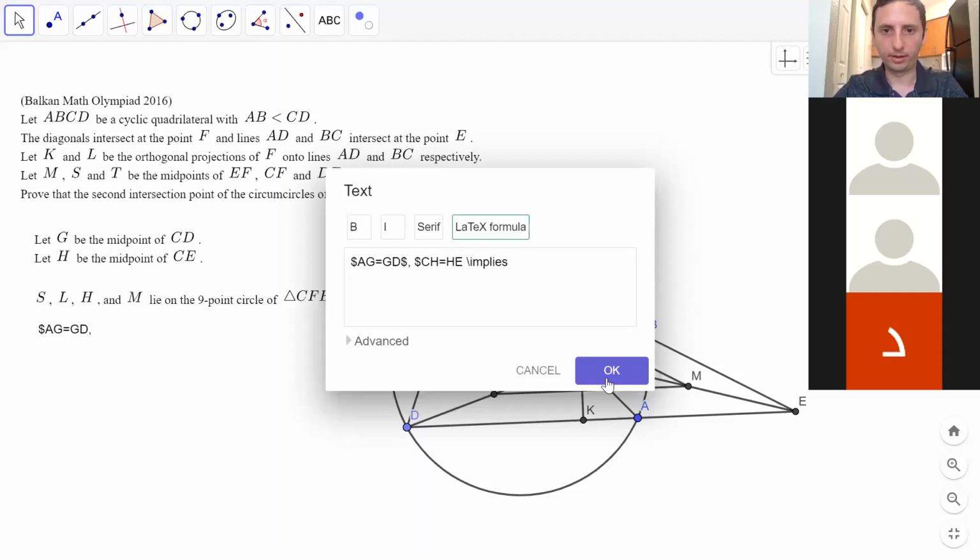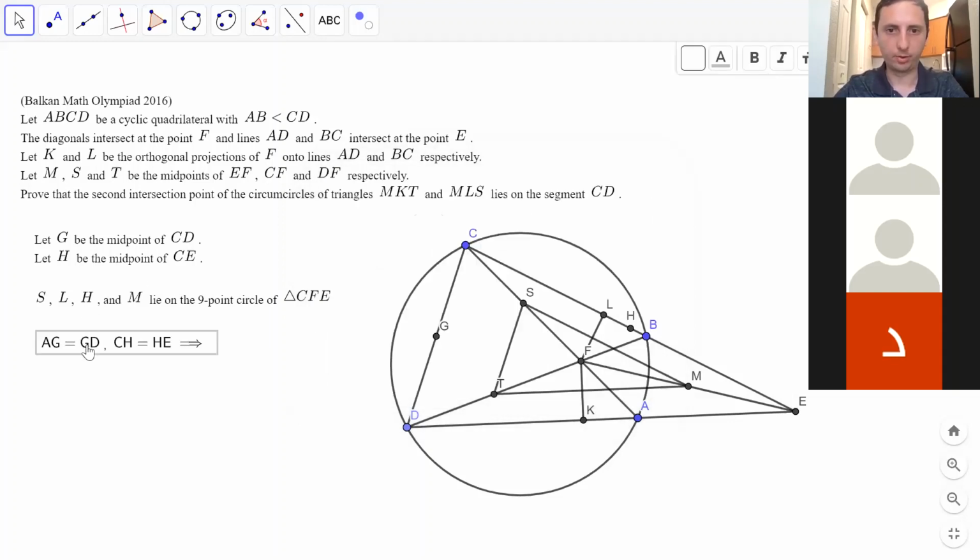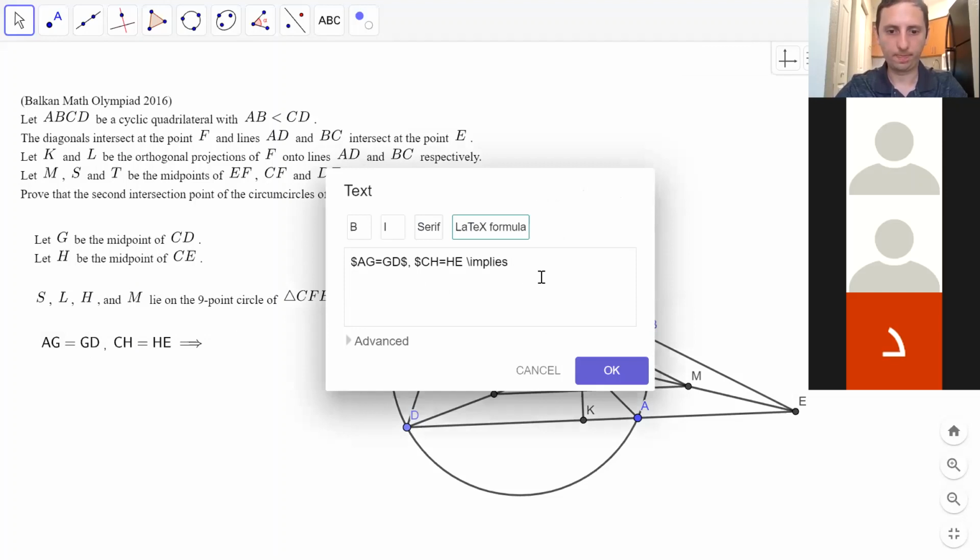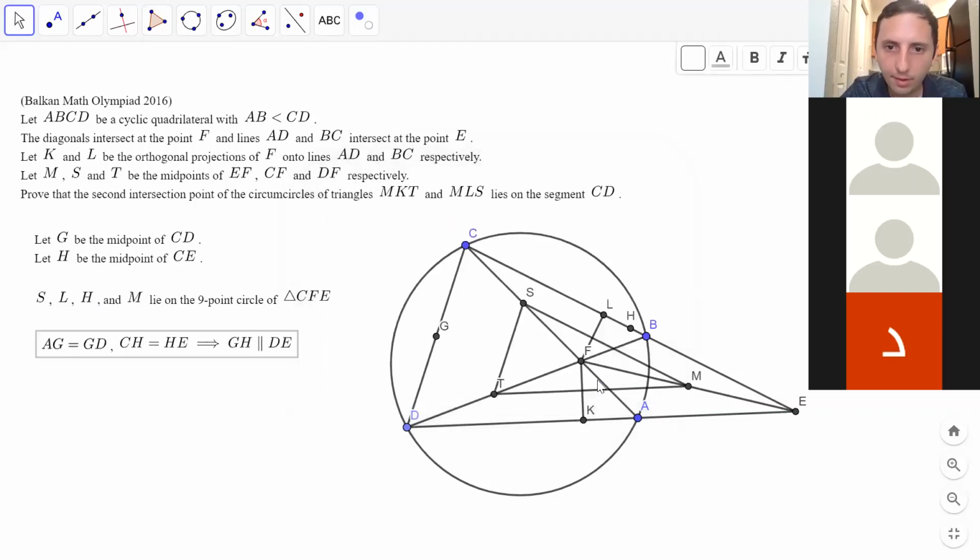So that means that GH is parallel to DE. And also HM is parallel to CF.